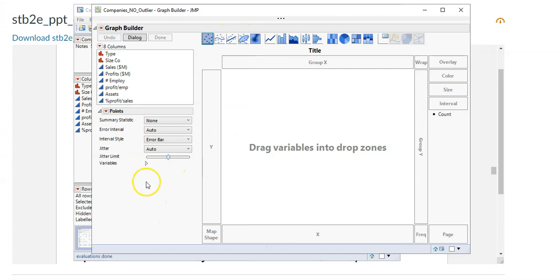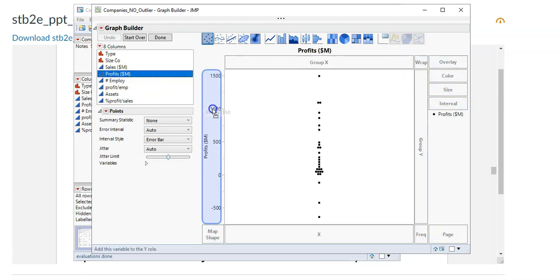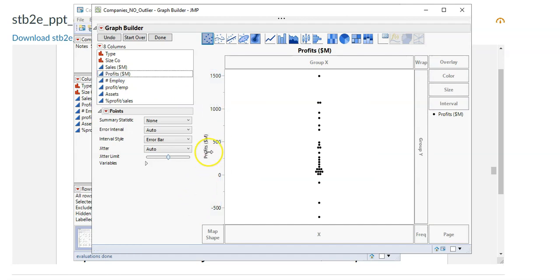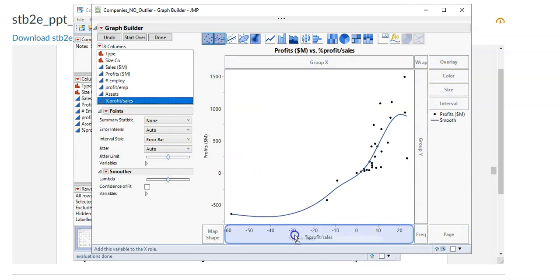So let's do this. This is your x-axis for the explanatory independent variable. This is the y-axis. This is for your response variable or dependent variable. So let's say profit. I put profit here, right? I want to put, for example, percent profit per sales that we did the practice on earlier, down here.